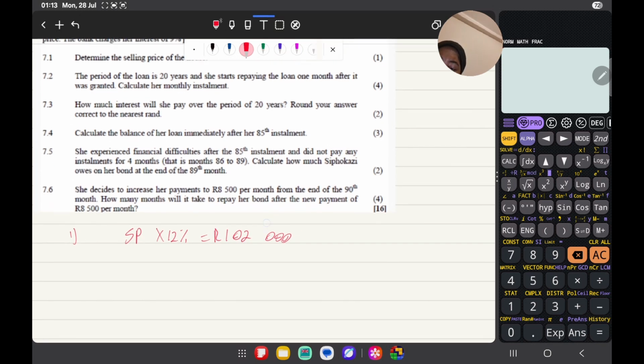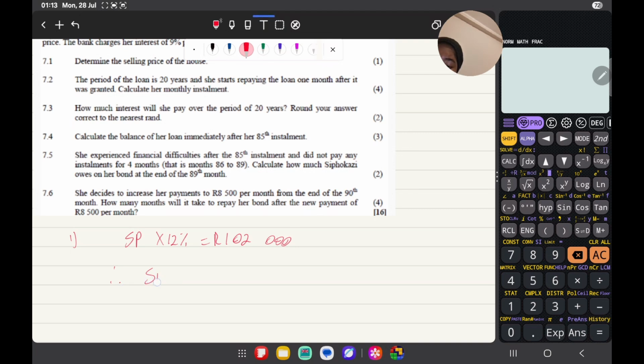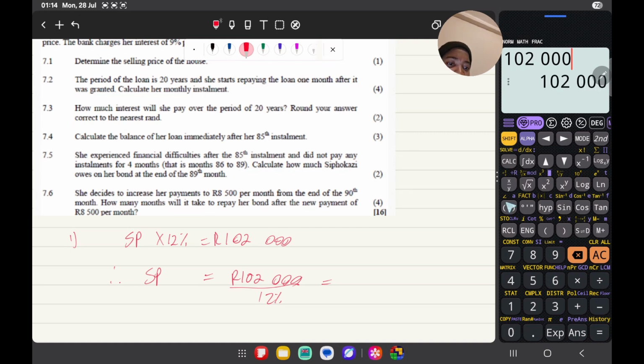So therefore the selling price is going to be 102,000 divided by 12%, and you're getting 850k.